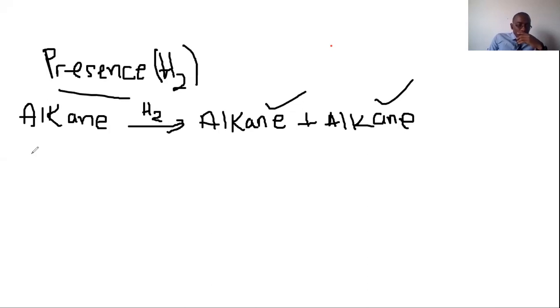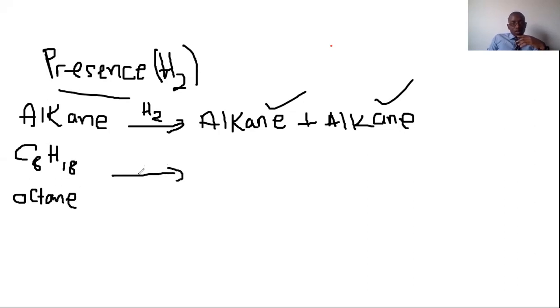Let's look at another example. Let's say we have C8H18. This is called octane. When octane undergoes cracking in the presence of hydrogen, sometimes they cannot put the hydrogen on the arrow, they can just say plus H2.